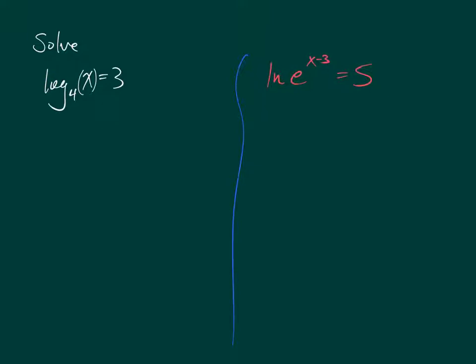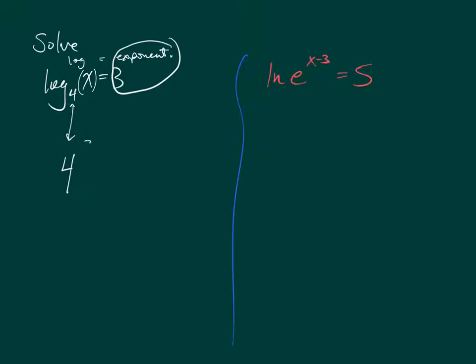So in order to do that, writing a log in exponential form, first thing is identify the base. So the base here is 4. So the base of the exponential form will be 4. The log is always equal to the exponent. So that means 3 here will be the exponent. What gets the exponent down here in our exponential form?